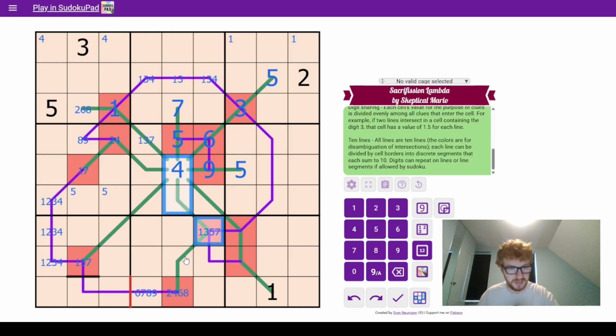So this takes at least that one, but... Okay, so this cannot be another 10 line, right? This one takes this cell, takes that cell as a minimum, right? Let's say this is a 10 line and that's a 10 line. And this is a 10 line and that is a 10 line, and these would have to be the same digit because they share that digit in common. So that's not the case. So this is one whole 10 line.